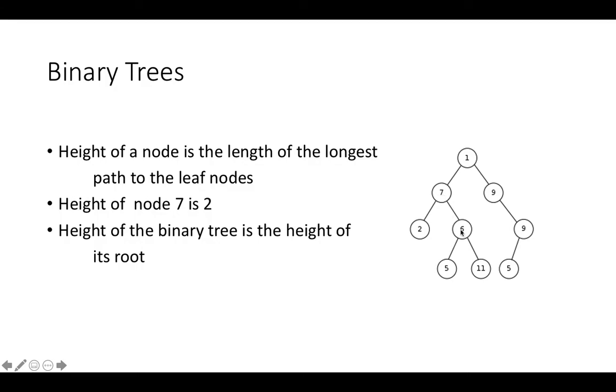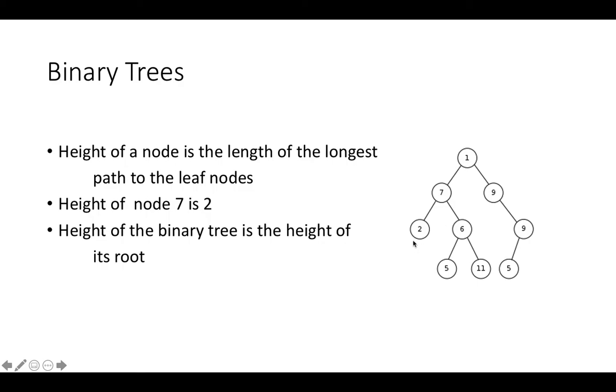The height of 6 is 1 because I can take 1 step to go to the farthest leaf. And the height of 5 is 0. The height of 1 is 1, 2, 3. So this is the longest path to the leaf.